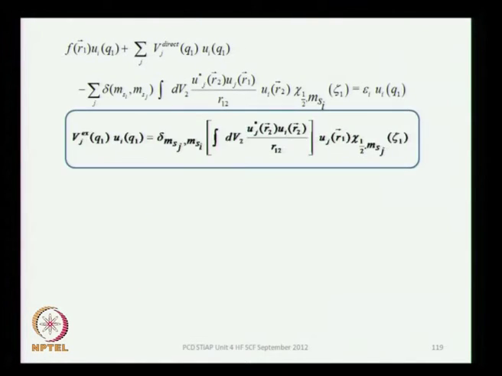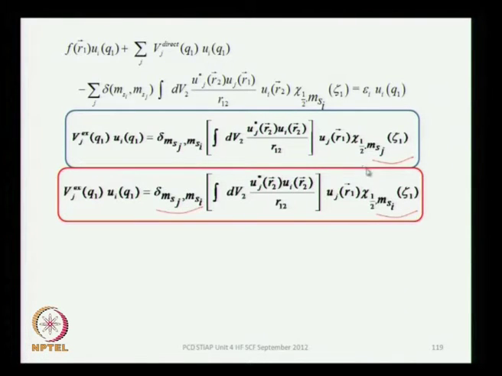So, let us do that. This is what we got from the exchange term, and then we can replace the spin function for m_s j by the one for m_s i, because it is non-zero only for parallel spins. Okay. And now we have exactly the term which appeared in the second term.